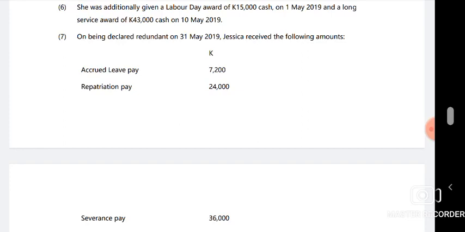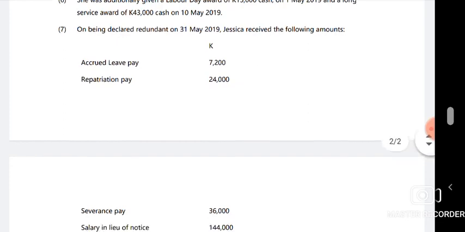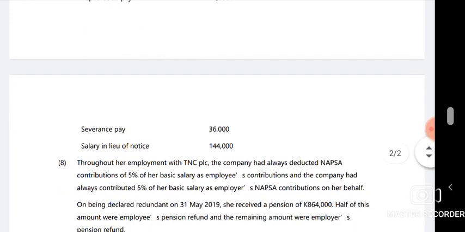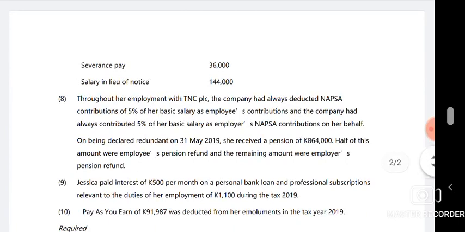Repatriation pay is a form of pension benefits, and it's not allowed for tax purposes. As we said in a general statement, all pension benefits are not allowed. Gratuities are not allowed. Severance pay, no. We mentioned this one as well in our intro. It's a pension benefit, it's not going to be included. Salary in lieu of notice, no as well. The rules do not allow this one either.